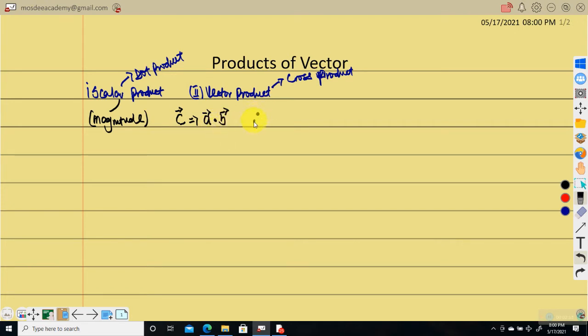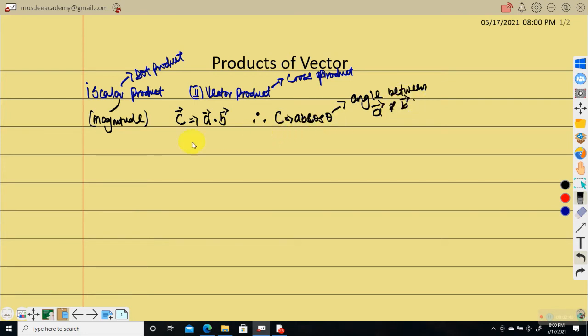Therefore, in physics, we say the magnitude of C is equal to the product of A, B, and cos theta. What we are saying is that theta in this case is the angle between vector A and vector B.